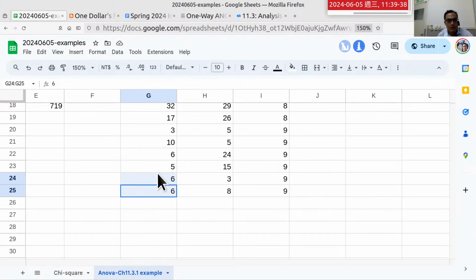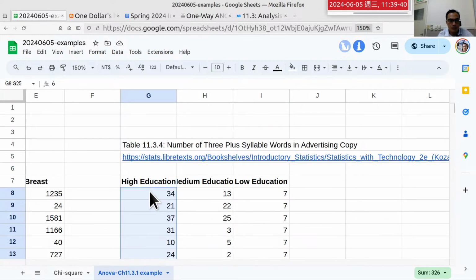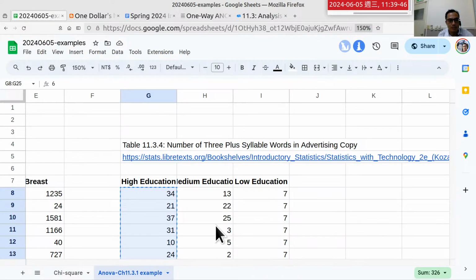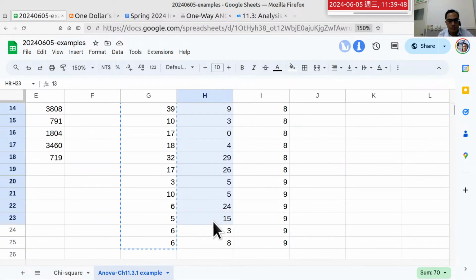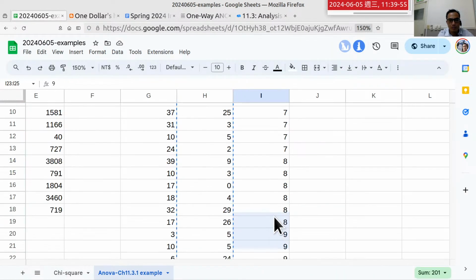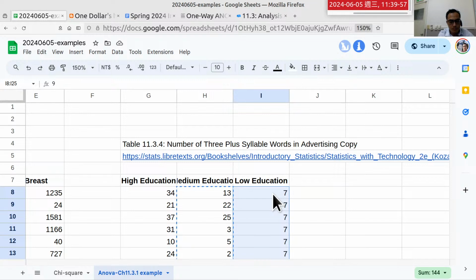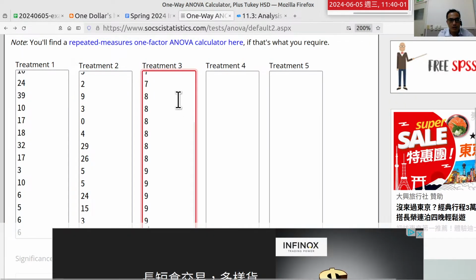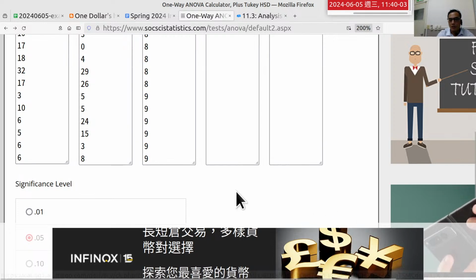The first, higher education. Control C to copy. Paste it. The second column. Copy. Paste. And third column. Copy. Paste. Then I just click.